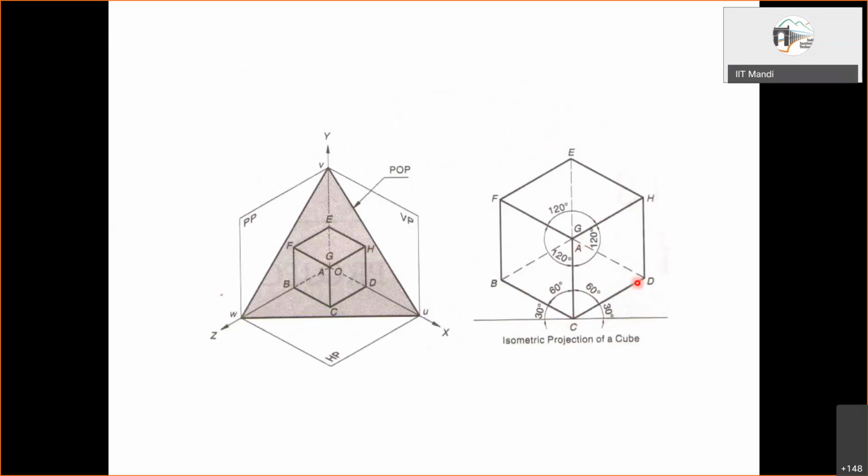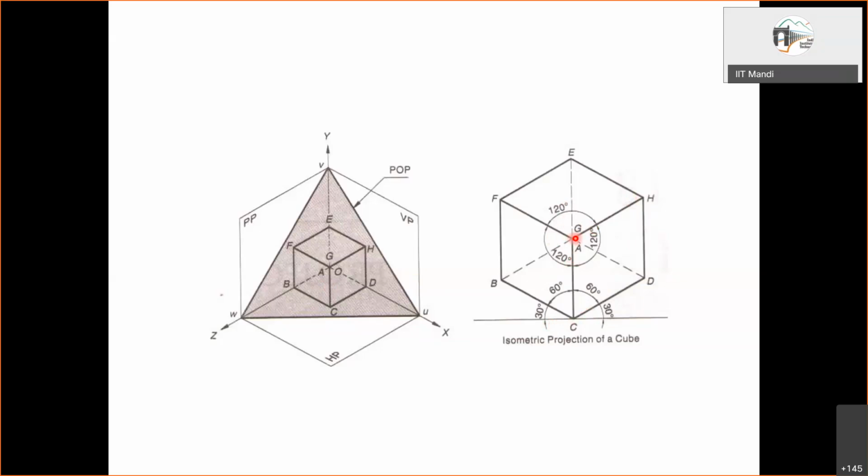So all these have the same length, but less than that of the actual cube. What is identical is that these are all the same. That is why any of these edges are referred to as isometric lines. Any length along such a line will be the same. If the cube had a certain original edge length, the reduced length is marked here, the same here, and the same here.